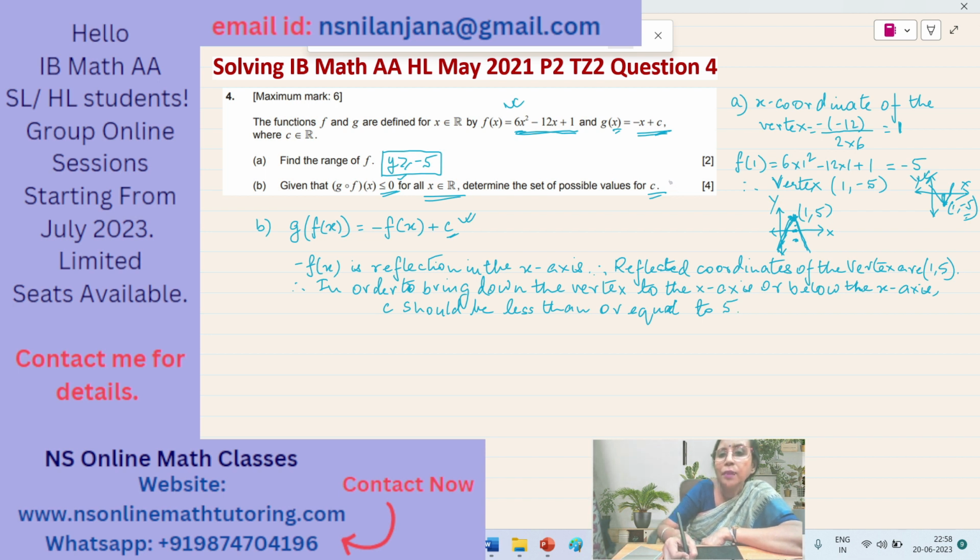So the answer will be C is less than or equal to negative 5.